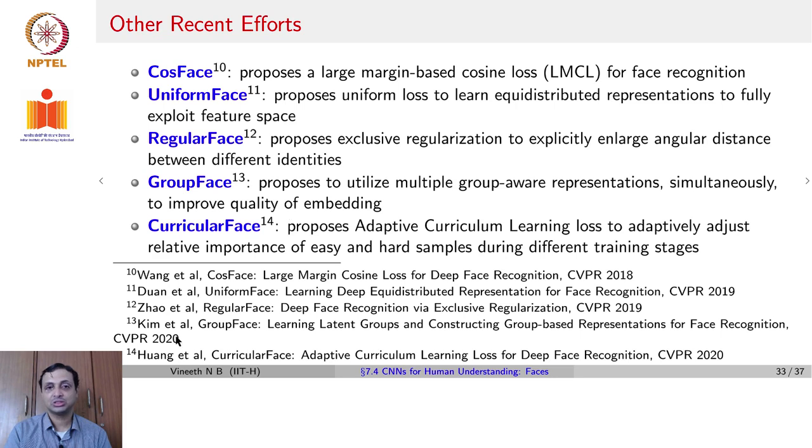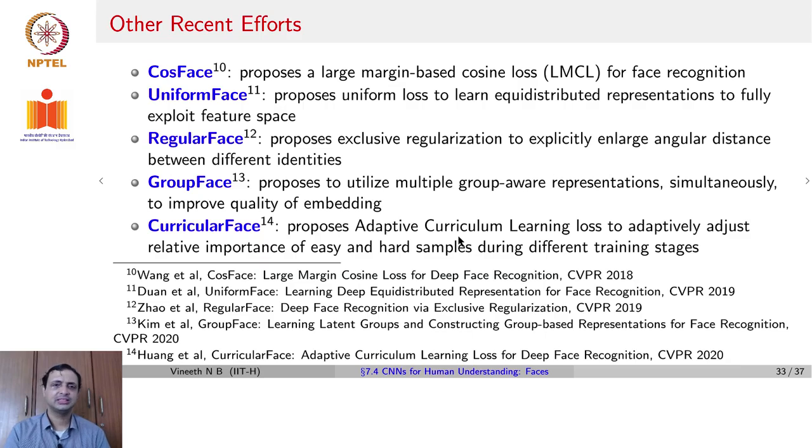GroupFace, which was very recently proposed in 2020, uses multiple group aware representations to improve the quality of the embedding. CurricularFace, which was again a recent work in 2020, proposes adaptive curriculum learning to adjust the relative importance of easy and hard samples in different training stages.